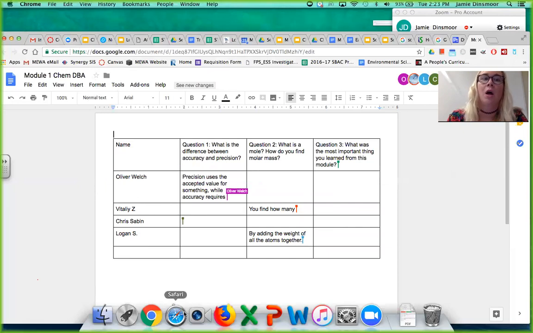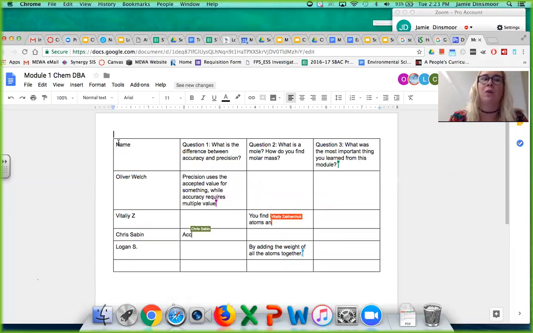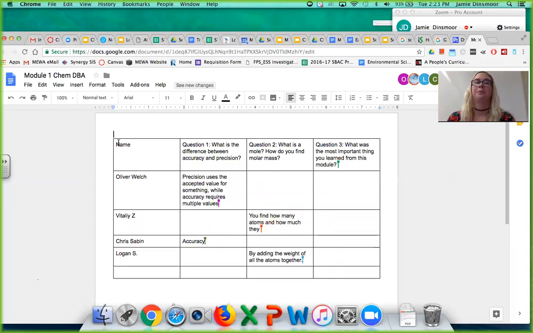So let's see. We've got Oliver telling us that precision uses the accepted value for something while accuracy requires multiple values. Nice. You find out how many atoms they weigh, by adding the weight of all the atoms together. Good.